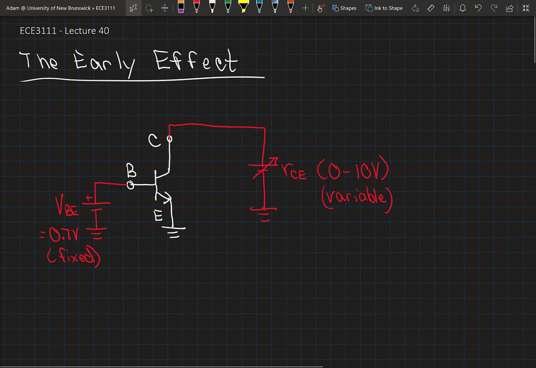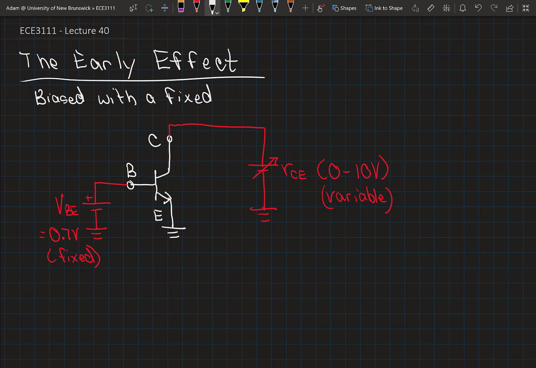So let's just say it's biased with a fixed VBE to give a fixed IB.